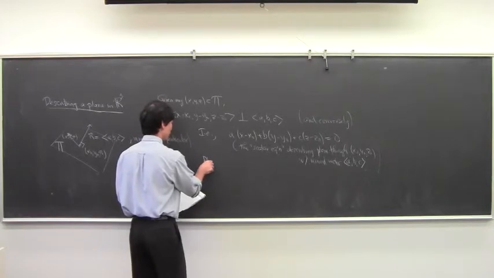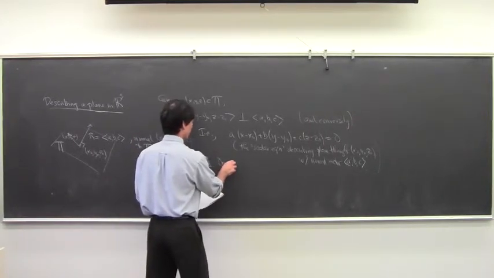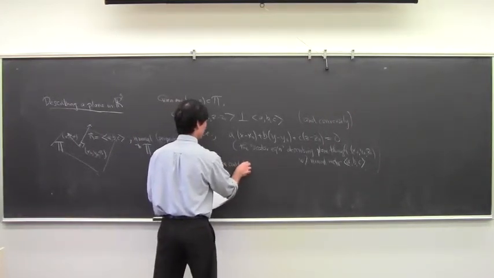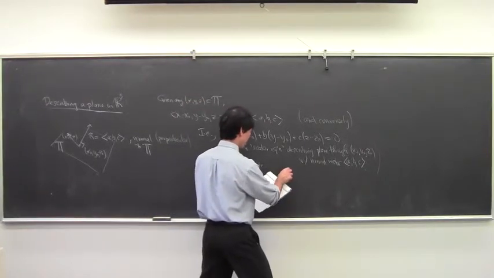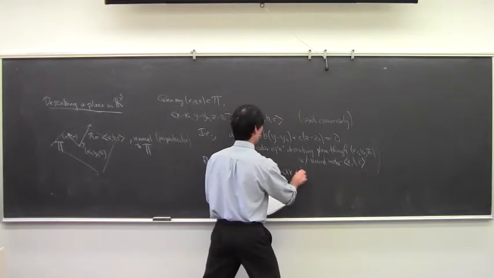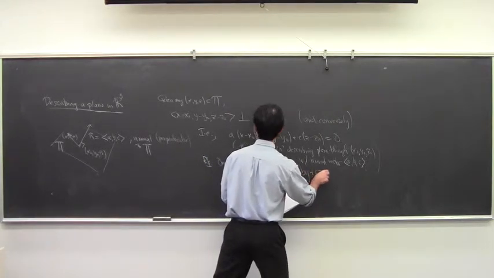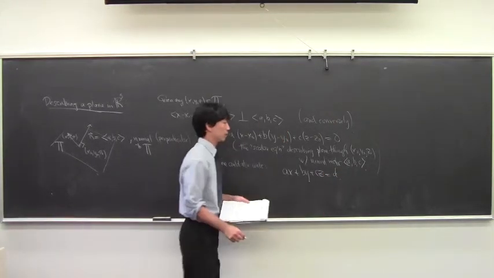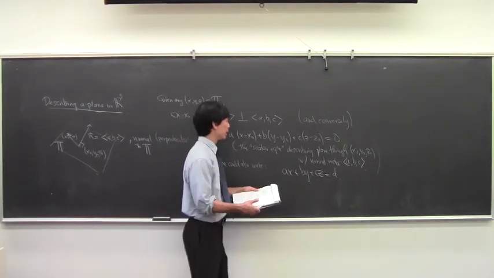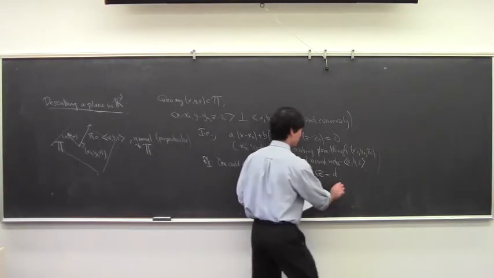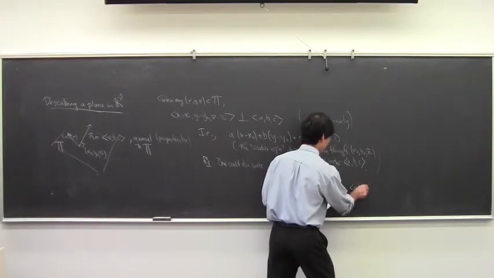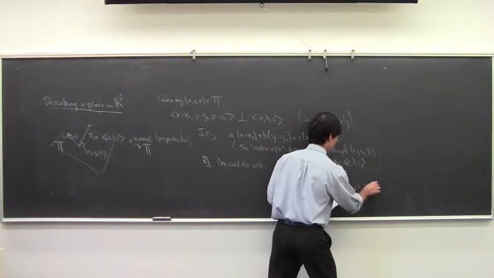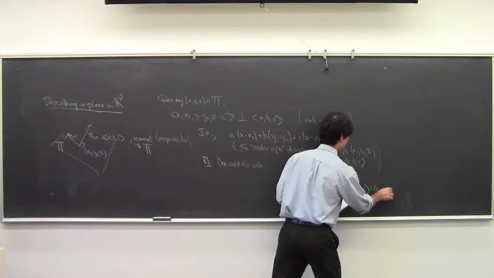One could also write it as follows: ax plus by plus cz is equal to d, where d is ABC dot x naught y naught z naught.